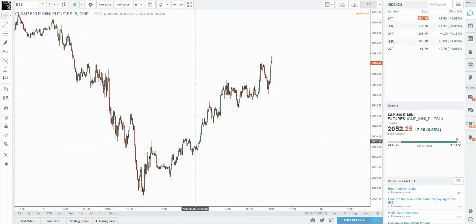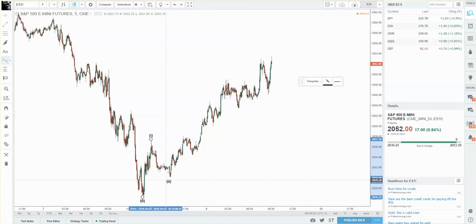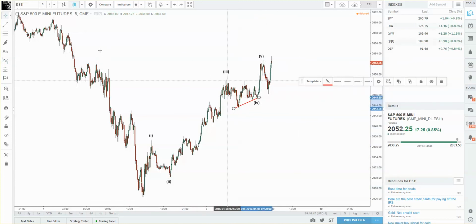Clearly impulsive, clearly suggests this move has much higher to go. You can see wave 3 has a very nice 5-wave subdivision. A triangle wave 4 followed by a new high in 5.